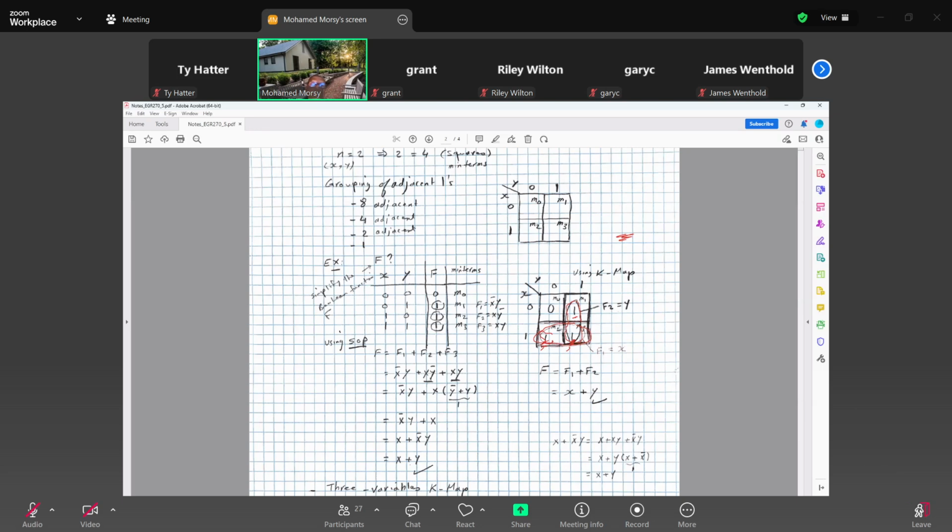We don't consider it in the product term. But if the variable has 2 values and they are the same, say x is 1, 1, we take x. If it is 0, 0, we take x inverted. We'll do more examples, so we will get this better when we do more examples.